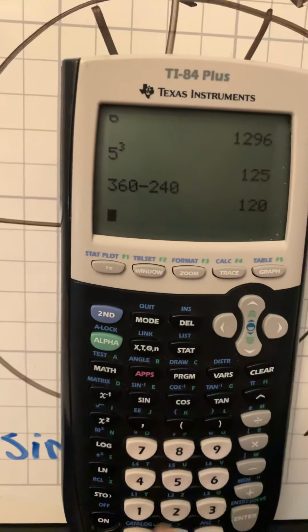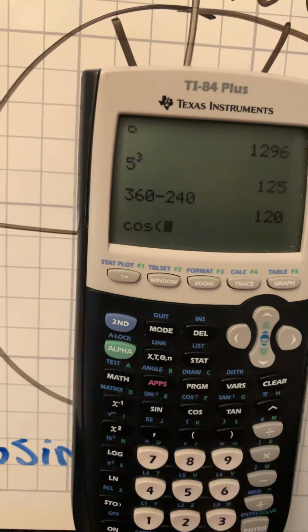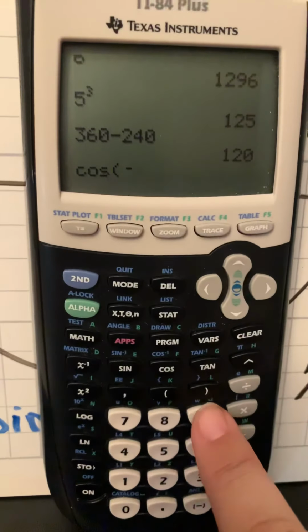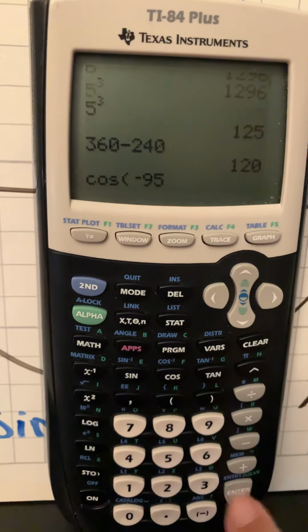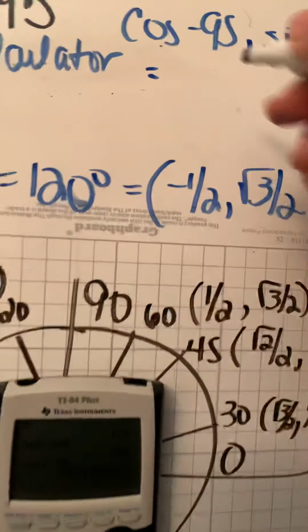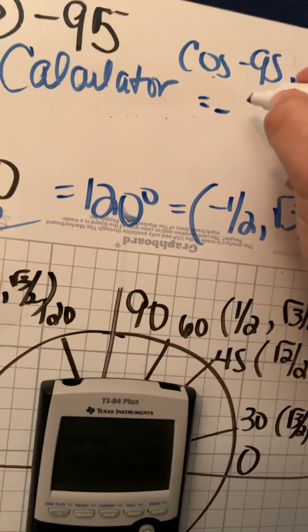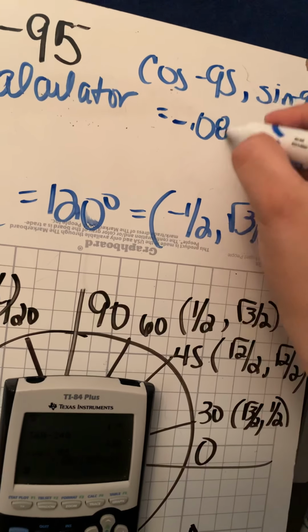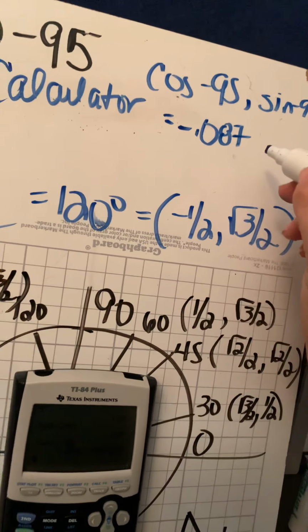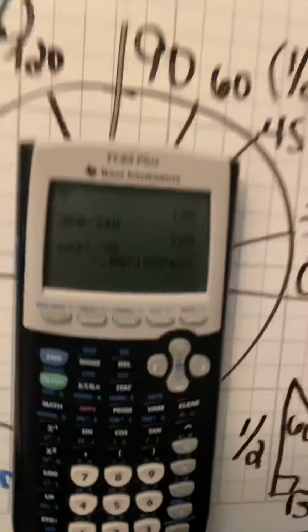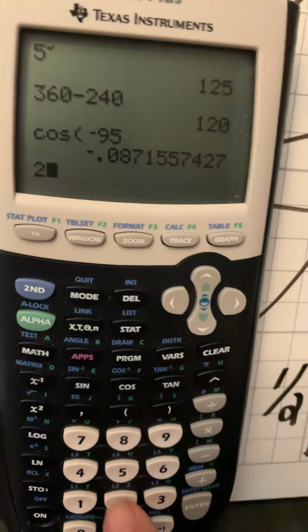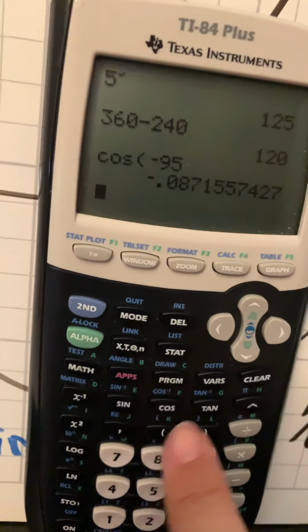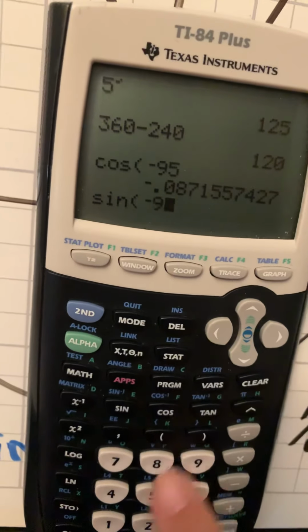So we want cosine. Here's your negative. Negative 95. Enter. I get negative 0.087, going out to the nearest thousandth, comma, then sine of negative 95.